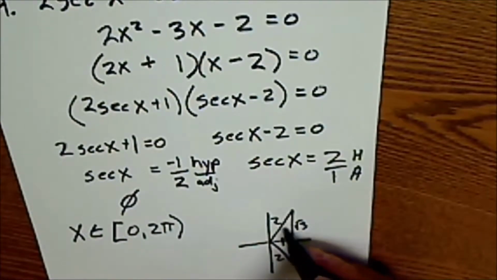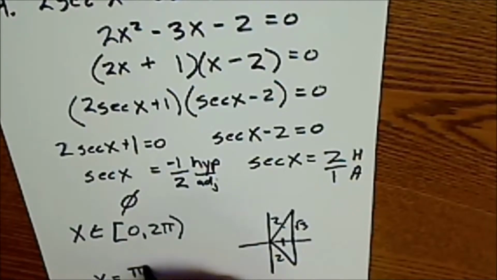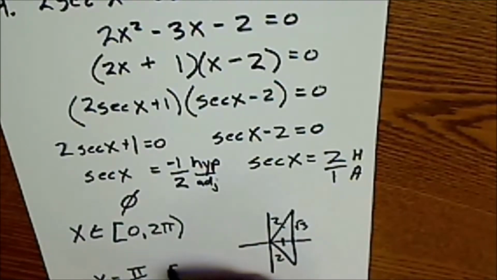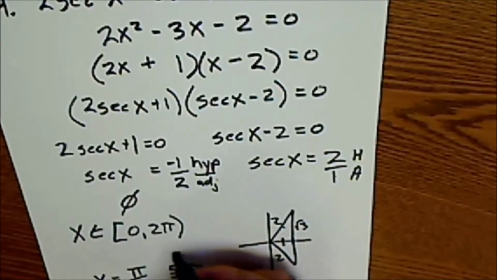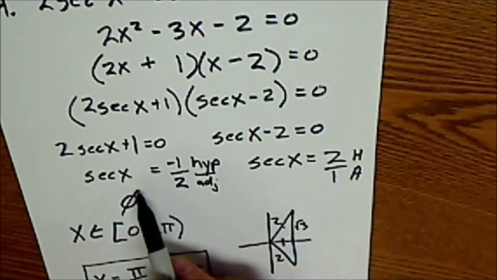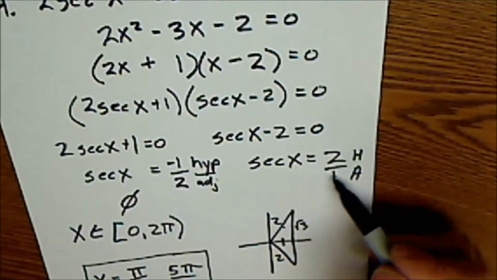So I want this value, which is 1/3 of the way to pi. So x is equal to pi over 3 or 5 pi over 3. Those are the only two solutions in that given domain. X is in radians. I discard these values as non-real solutions, and I only work with this.